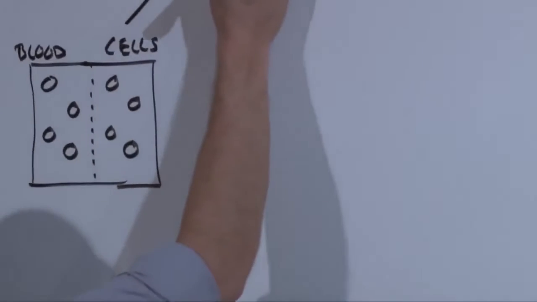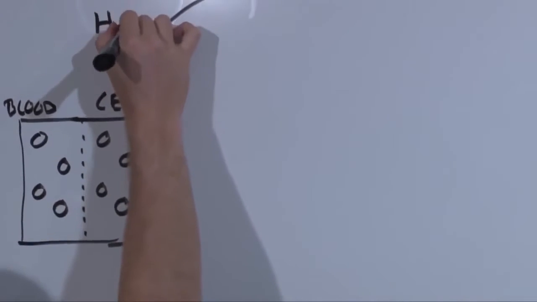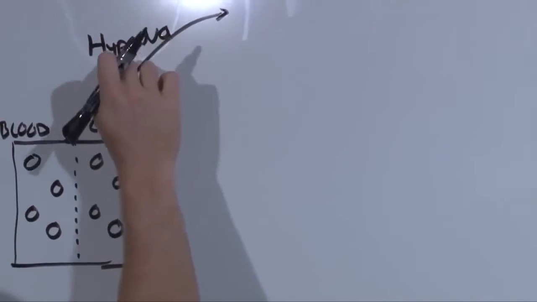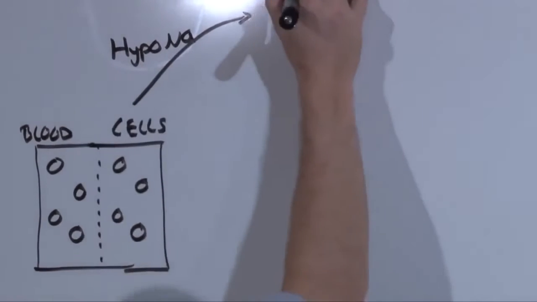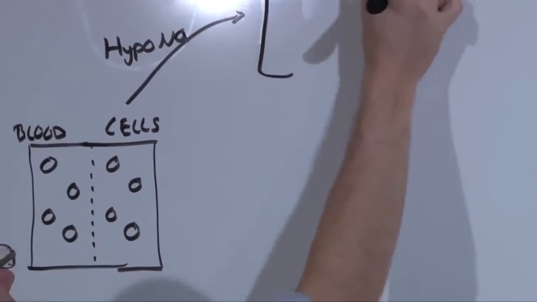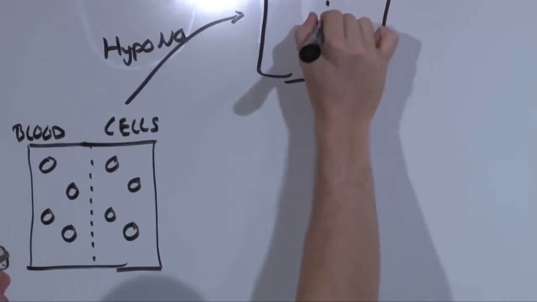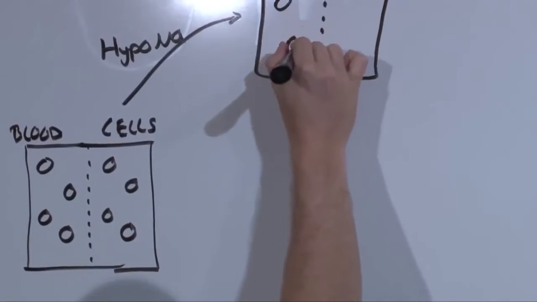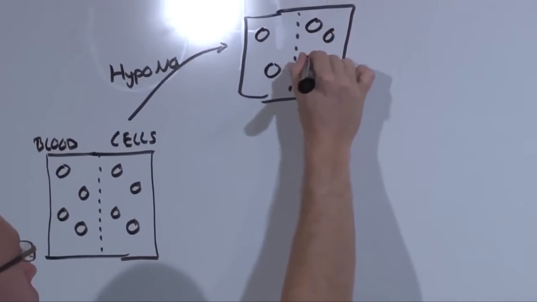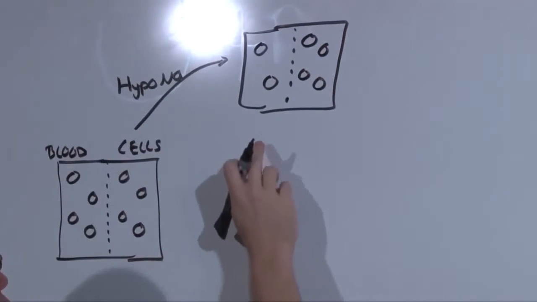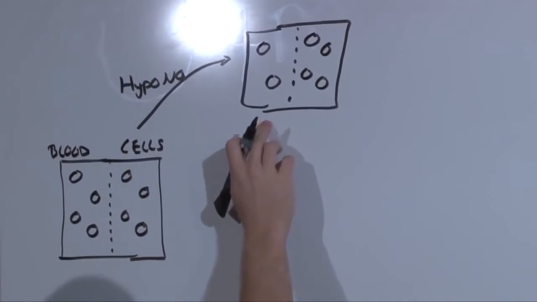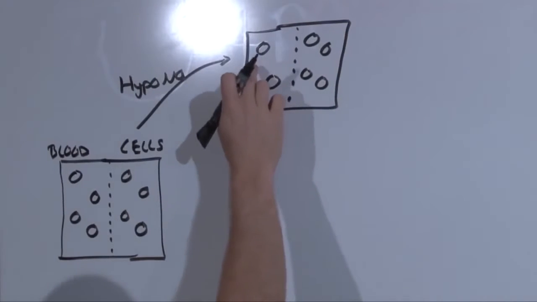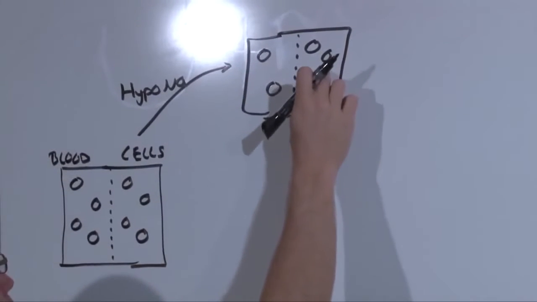If you have hyponatremia, that is, too little stuff in the blood, the system is going to change. You have too little stuff in the blood, and the cells are normal. If you remember from general chemistry, water is going to move from a concentration that is lower to a higher concentration.